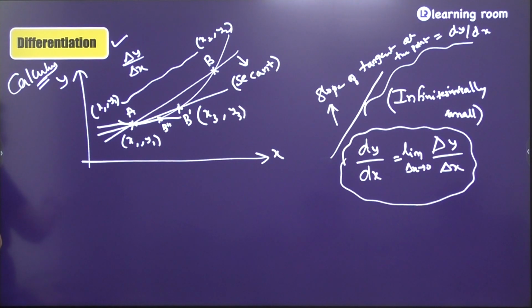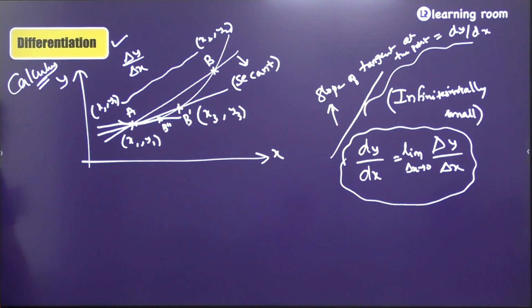I told you, by the end of the session, you will get the answer to everything. Because delta and d appear to be the same, but there is a slight difference. I'll come to that. Differentiation is done to find the slope of a tangent to a curve at a particular point.